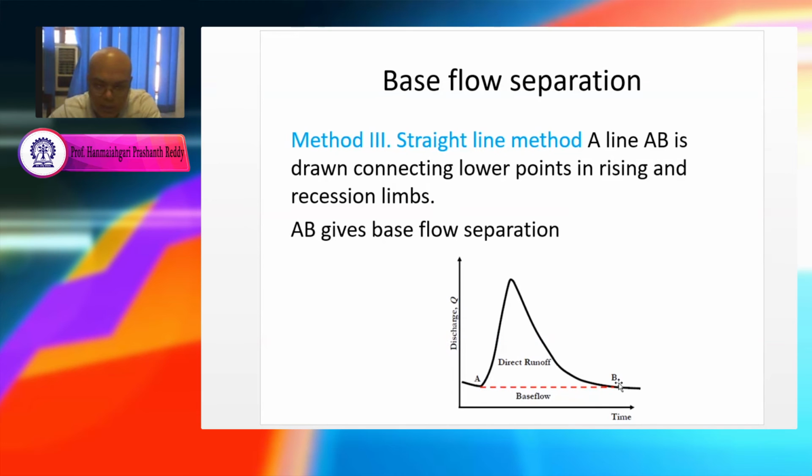Here also at B the slope changes. First it is decreasing, then it starts increasing. So A and B are marked on this hydrograph. Then join them using a straight line. This is called the straight line method, which is an easy way to separate base flow.